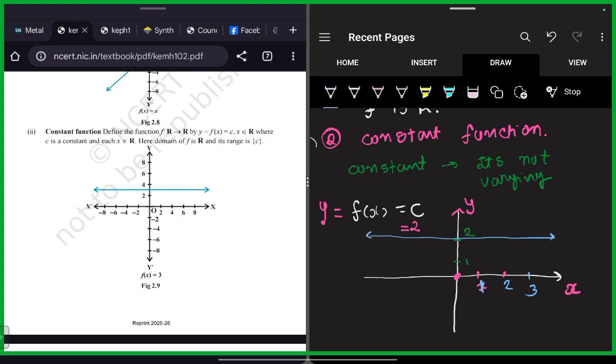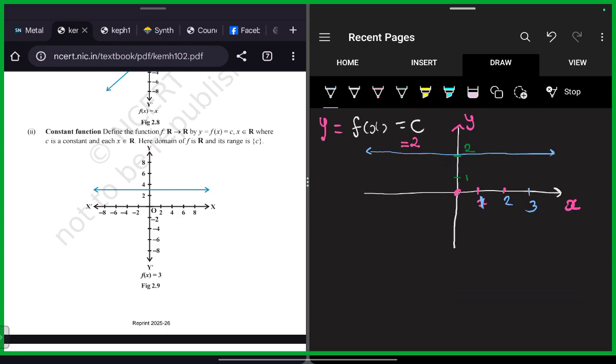If you put x is equal to 2, it will still be constant. If you put x is equal to 3, it will be constant. Are you getting my point? f of 1 is constant, f of 2 is constant, f of 3 is constant. It's a constant value, it's not changing. Even if you change the value of x, the function is not changing.